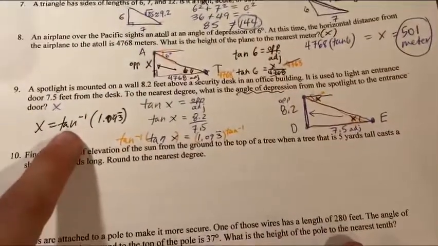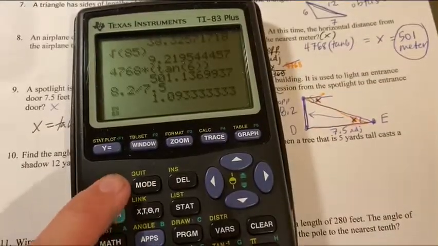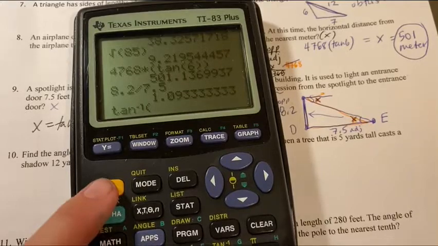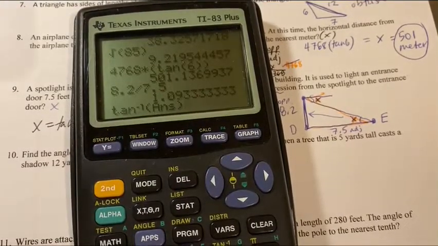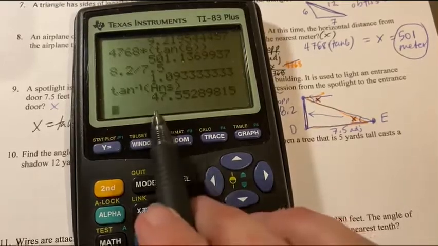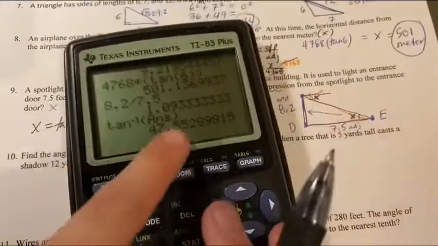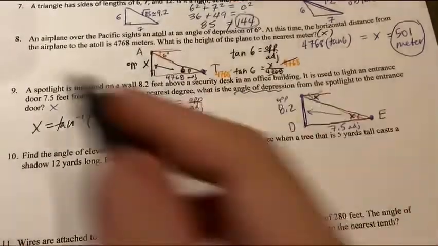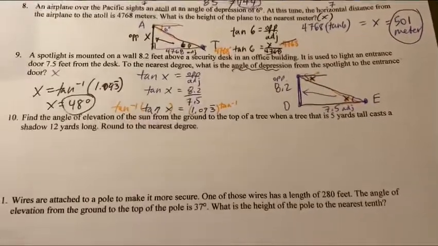And this calculator lets me put that in there. Okay, the inverse tangent of that, 47.55. Says round to the nearest degree. So I'm going to round that up to 48 degrees. Good job.